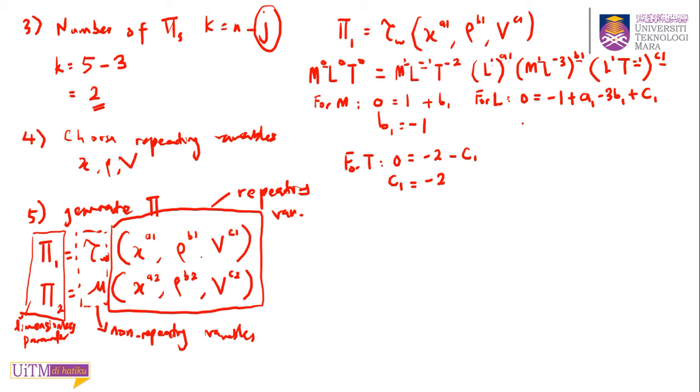So 0 will be minus 1 plus A1 minus 3 times B1. B1 is minus 1, so minus times minus is plus, so we will have plus 3, plus C1. C1 is minus 2, so it will be minus 2. So A1 will be equal to 1 minus 3 plus 2. So 1 minus 3 is minus 2 plus 2, this will be equal to 0.